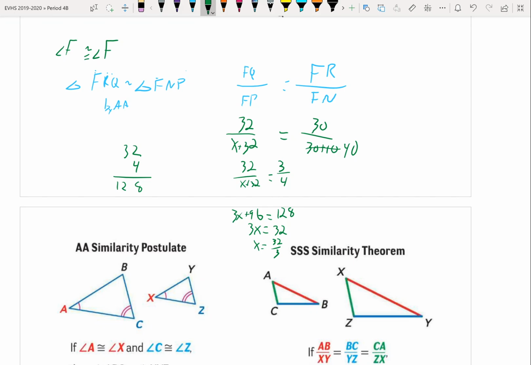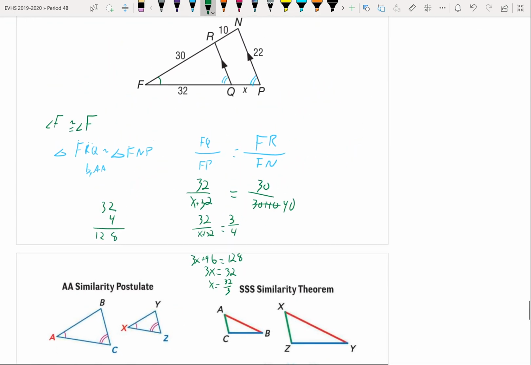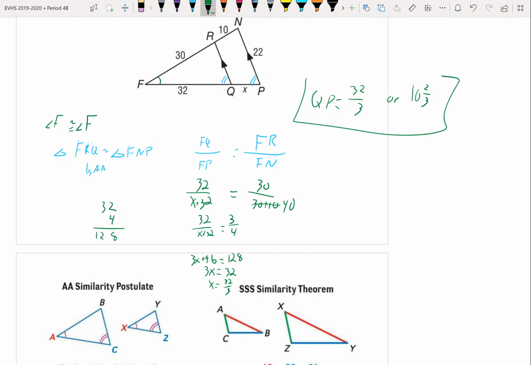So that tells me that QP, which is where x was over there, is equal to 32 thirds, or if we want to make it a mixed number, it is 10 and 2 thirds. Either one works there. Okay, there we go. That's everything.